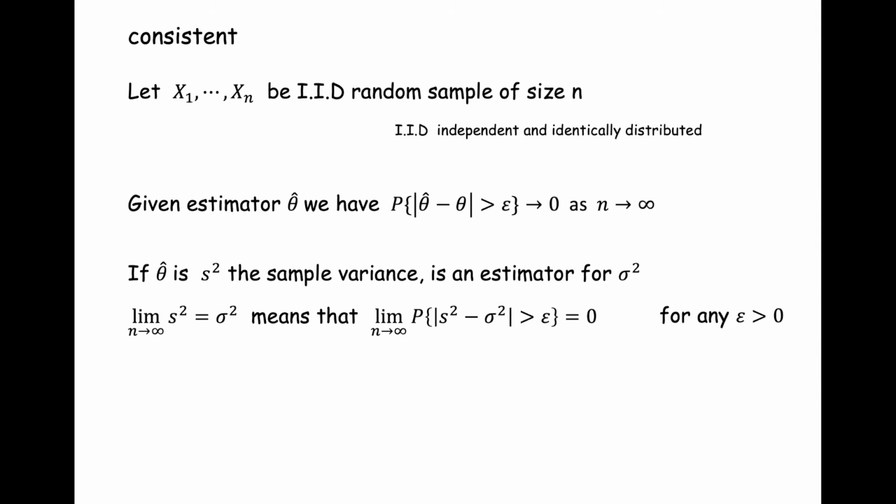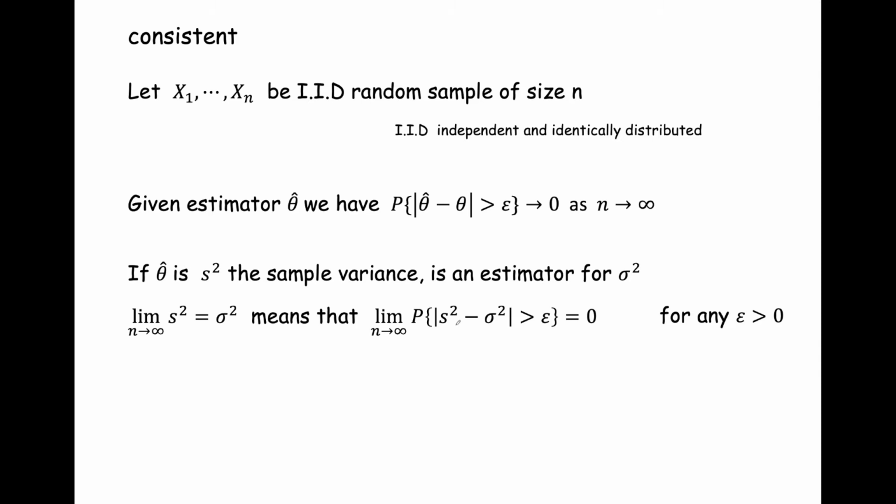And if s squared is exactly equal to sigma squared in the limit, then the probability that you're going to diverge is going to be exactly 0, because if s squared is sigma squared, there is 0 probability that a 0 difference is greater than epsilon. It's always 0.